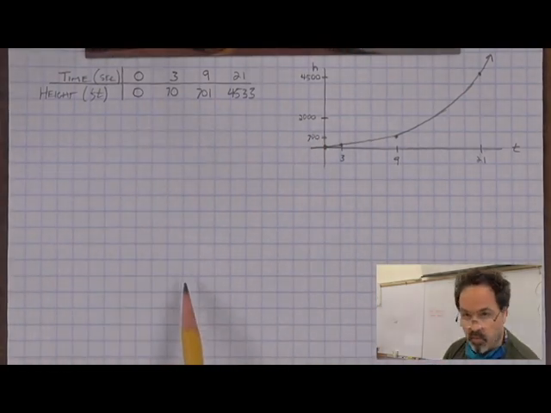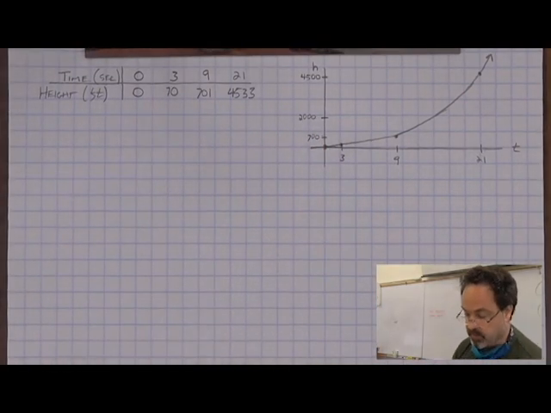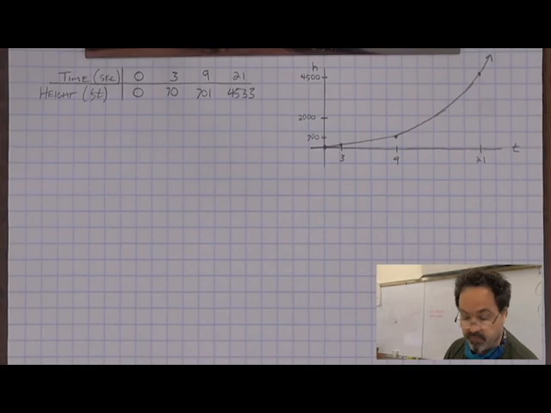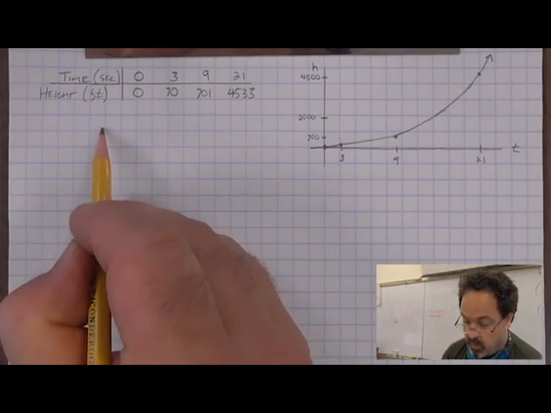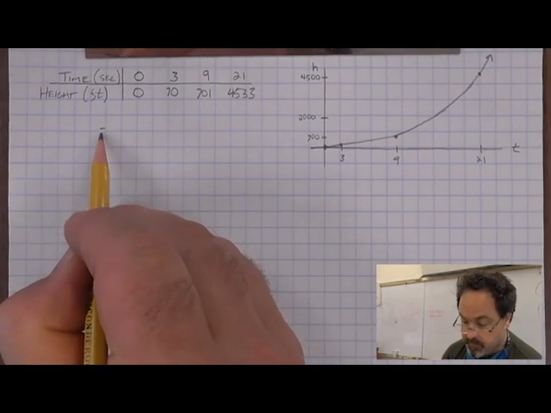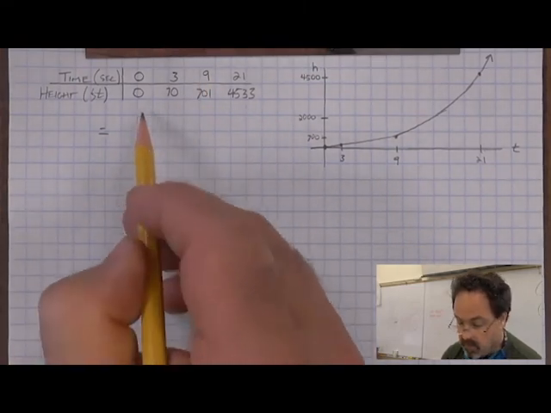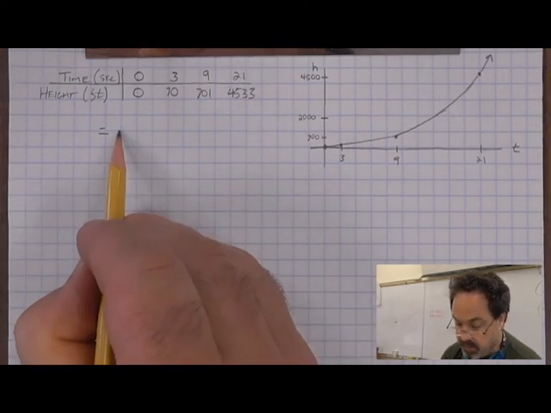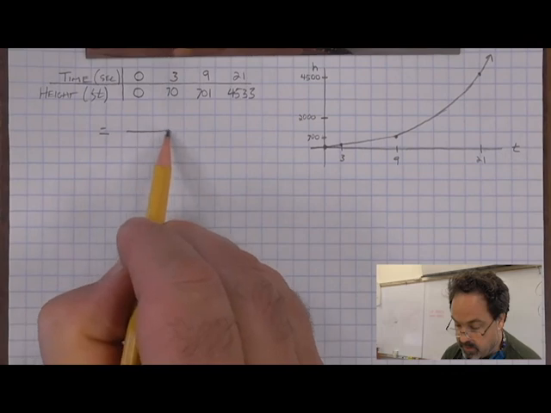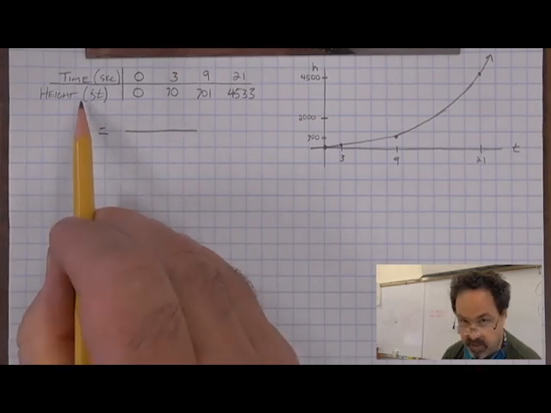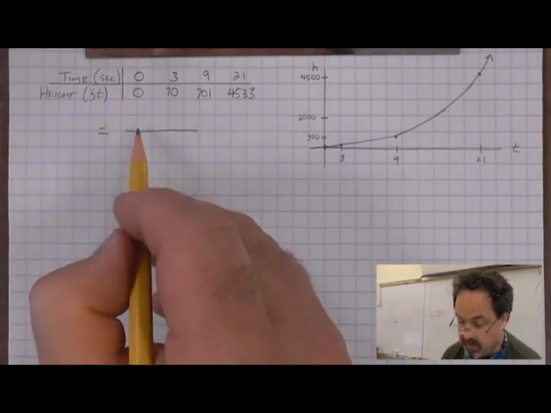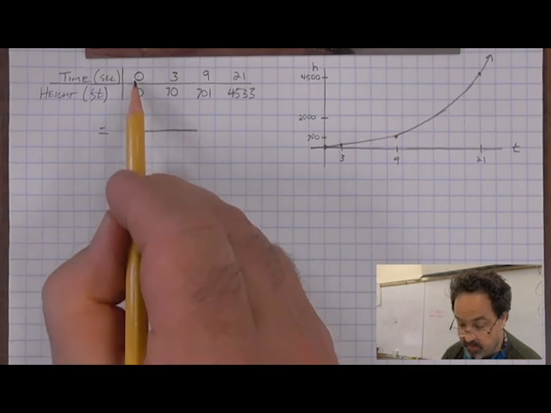Now let's talk a little bit more about this context and how it relates to a rate of change. We can make a ratio out of the change in the rocket's height and the change in the time.